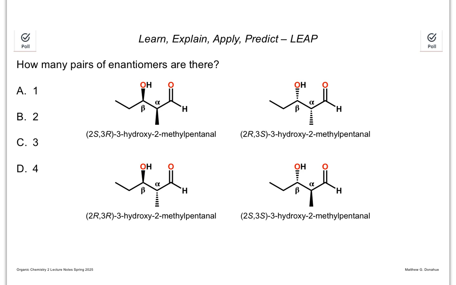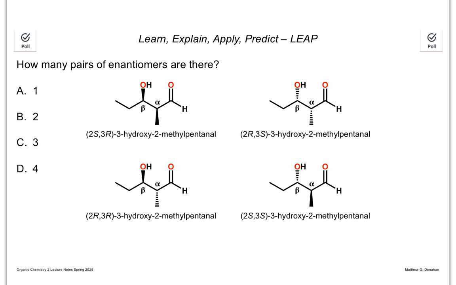And so how many pairs of enantiomers are there? So there's 2 pairs. You can tell that in 2 different ways. One, if you look at these wedges and dashes. So the first pair is this first horizontal pair here.